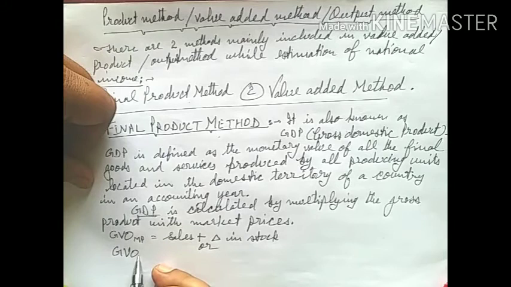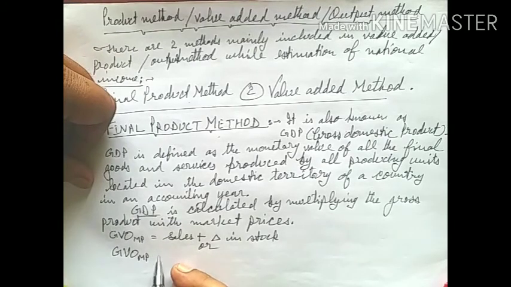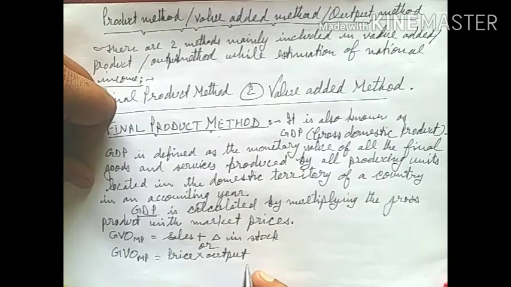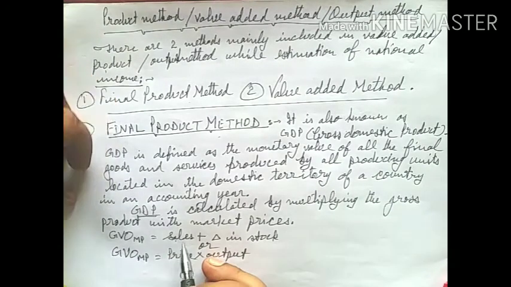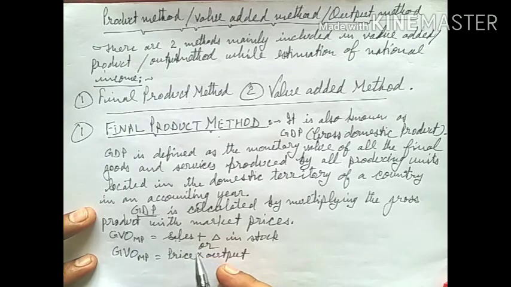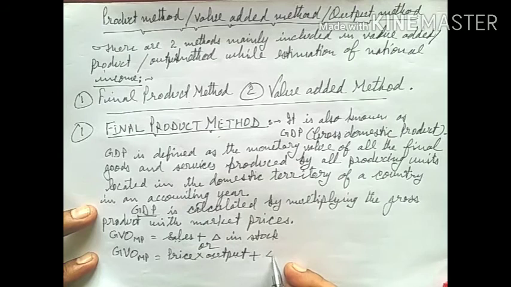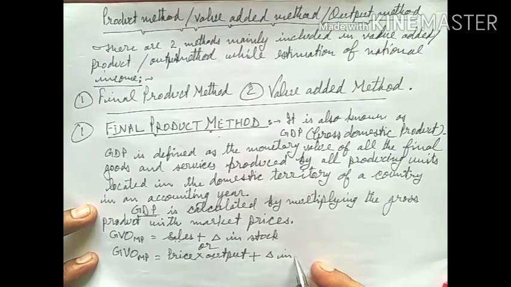GVO at MP is equal to price into output, because sales is the result of price of the product and total output which is sold out, plus change in stock.